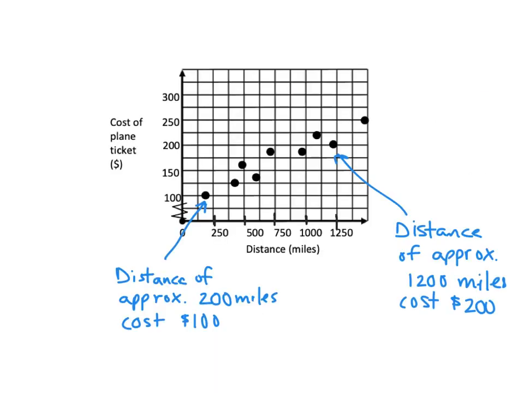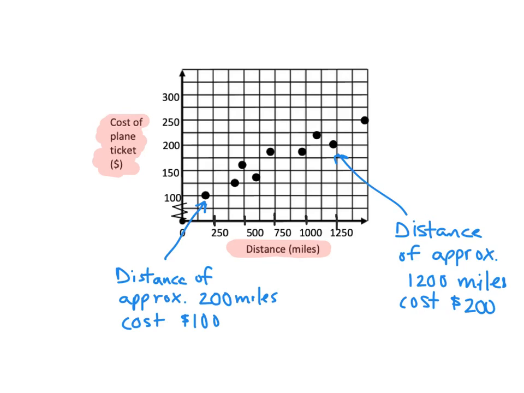So here's an example of a scatter plot. A scatter plot compares a relationship between two values. And in this problem, it's comparing the distance and the cost of a plane ticket. We're trying to see if there's a relationship between the farther I travel and the cost of the plane ticket.